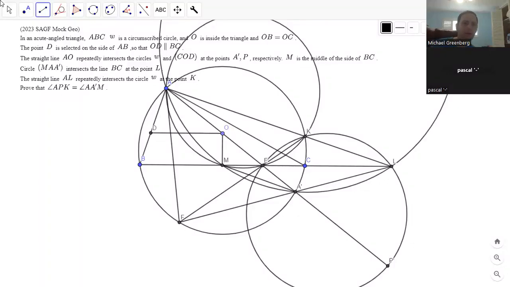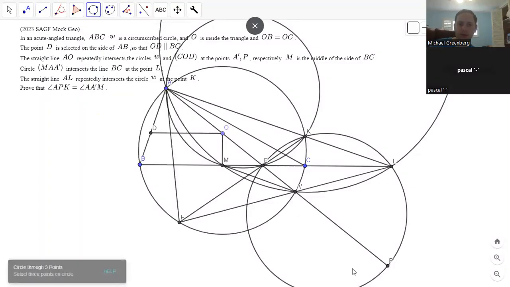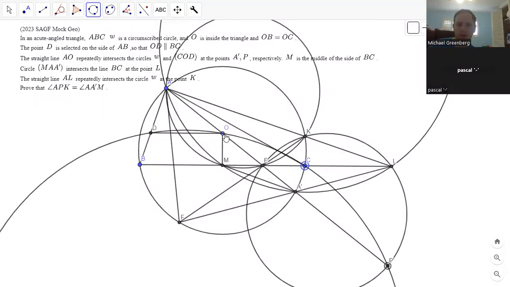That's kind of weird. So wait, we're showing that PCOD is cyclic.